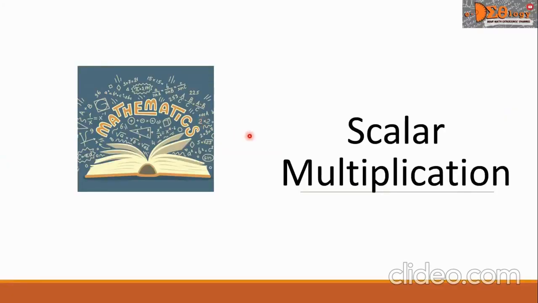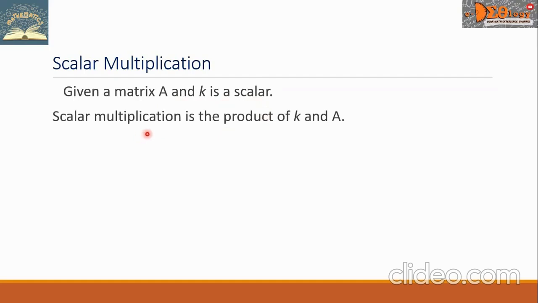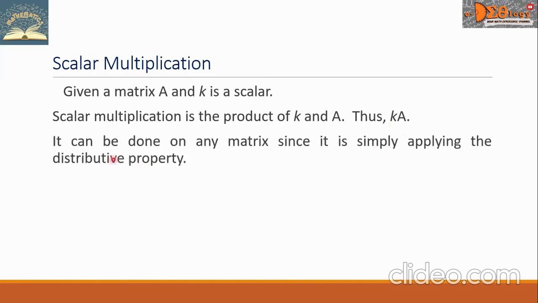Today, we're going to study scalar multiplication. Given a matrix capital A and k is a scalar, scalar multiplication is the product of k and A. Thus, kA, so this is k times A. It can be done on any matrix since it is simply applying the distributive property.